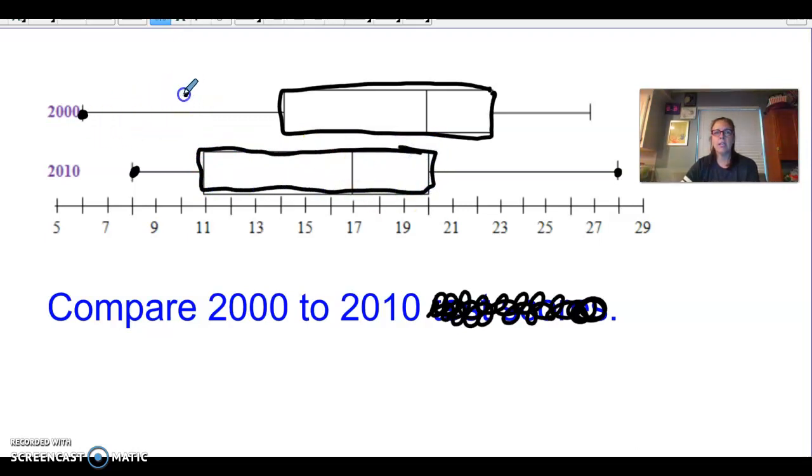Remember that this portion and this portion have the same amount of numbers, so they're a lot closer. This one's a lot more spread out. So there's just little things.